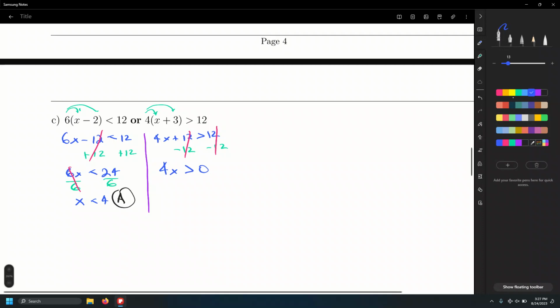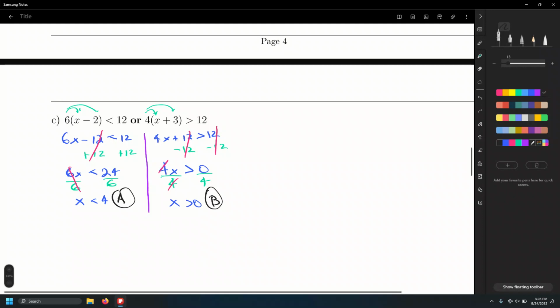Keep dividing both sides by 4 to get x greater than 0 divided by 4, it's still 0. And in this case, that's going to be our set B.